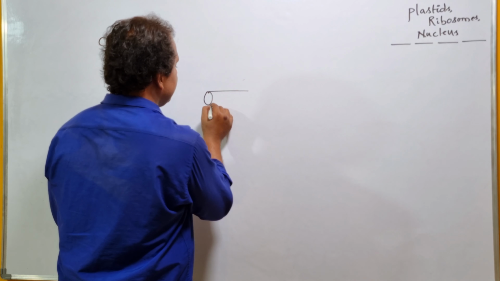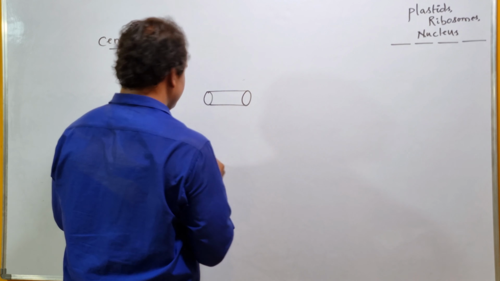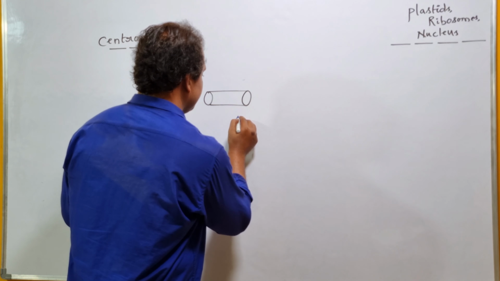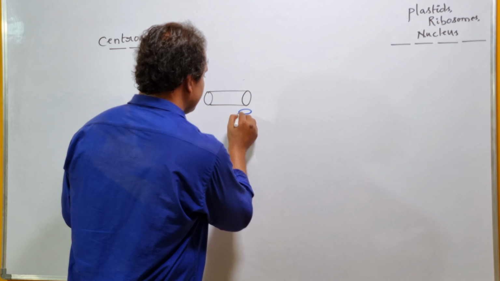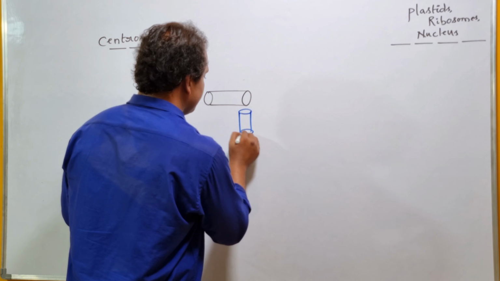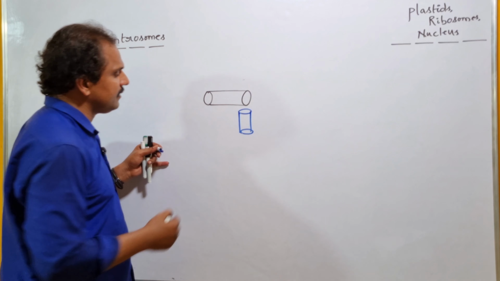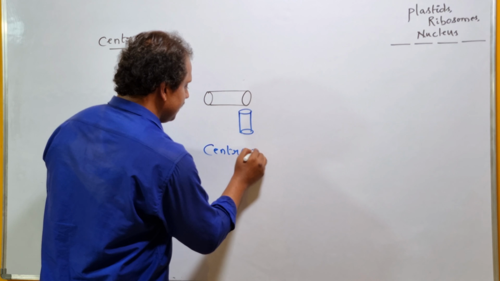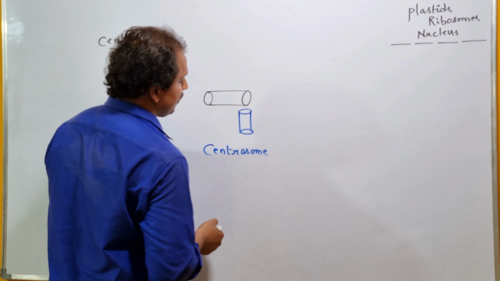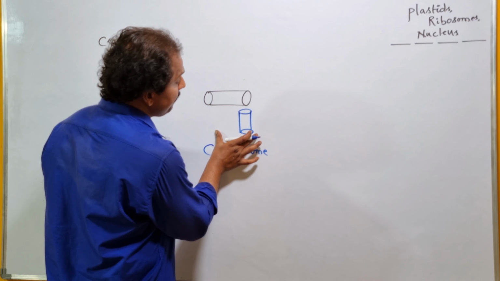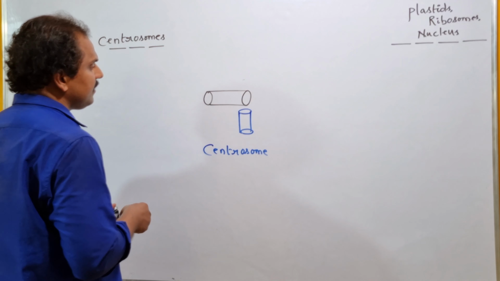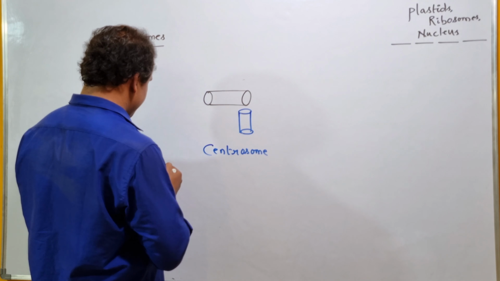So what is a centriole? The centrosome is composed of two cylindrical structures which are present perpendicular to each other, and each centriole is composed of 9 triplet microtubules.